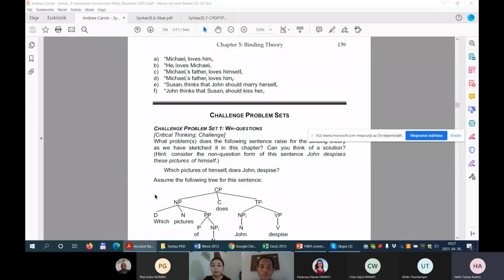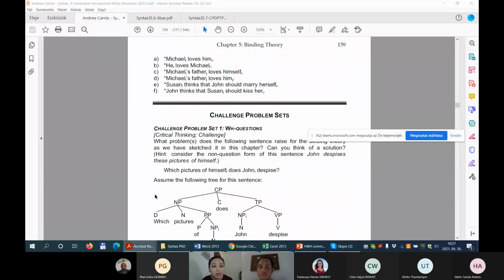Dao, please. Yes. So for sentence E, the noun phrase causing the problem is the anaphor herself, and the noun phrase Susan and the anaphor herself are not in the same binding domain. The anaphor herself is in the binding domain John should marry herself.